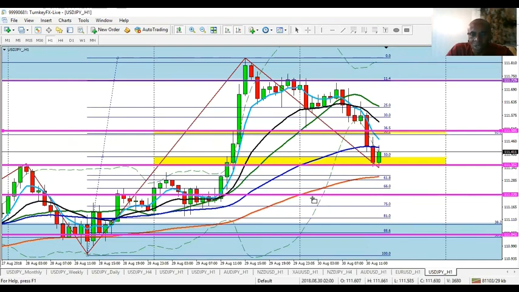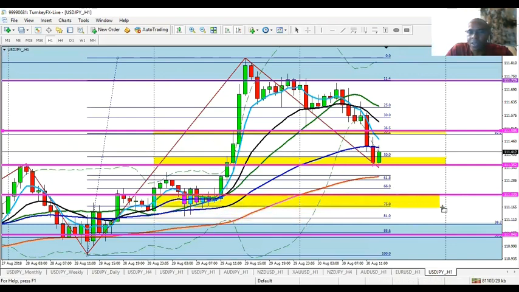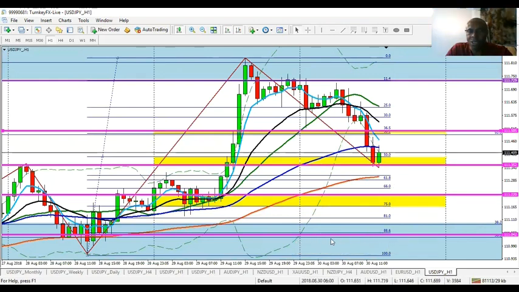Go to the next one. So you go from this horizontal down to here. And we have another zone right here, which is close to our 88.6. So what I do is I'll go from 88.6 down to 100, the entire area.